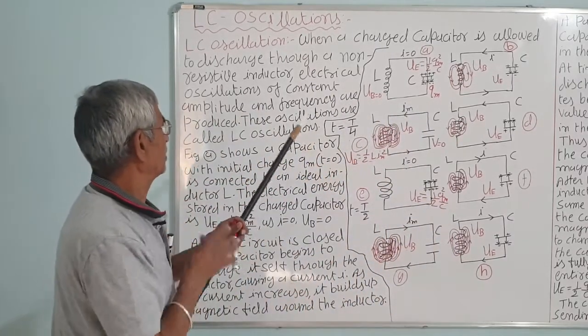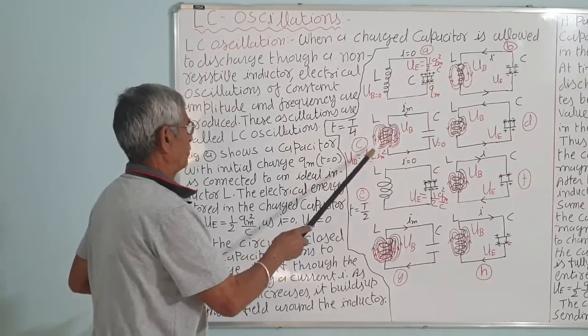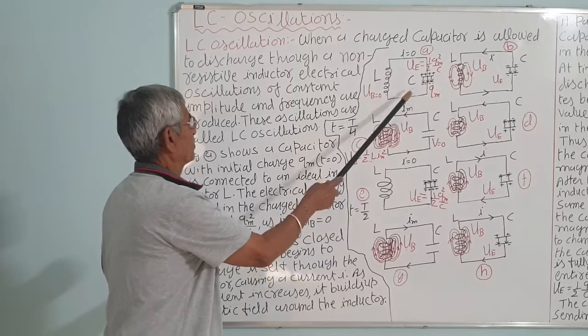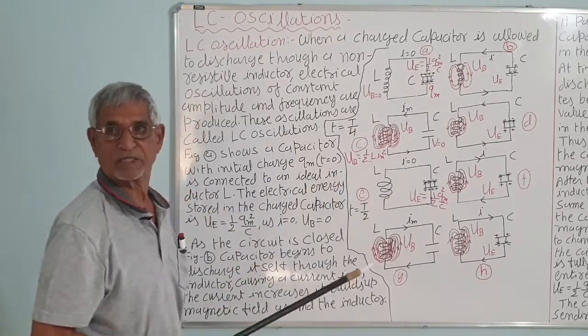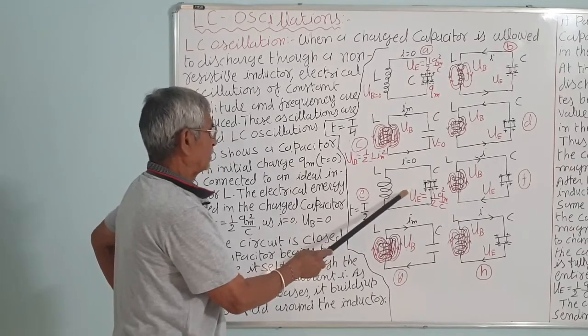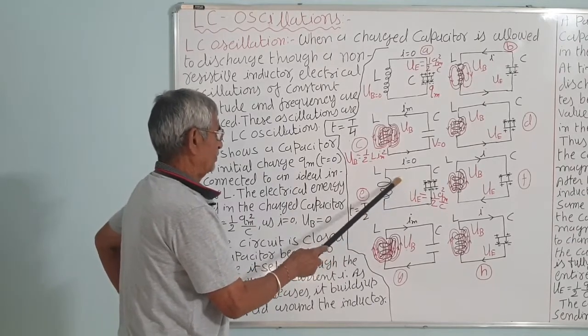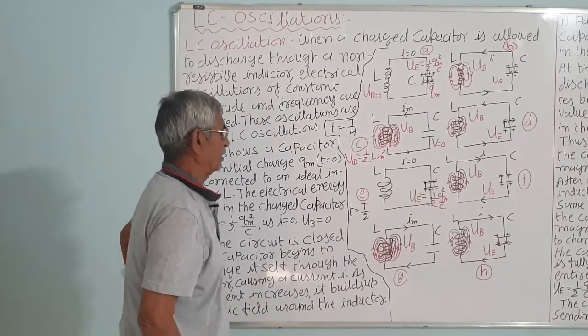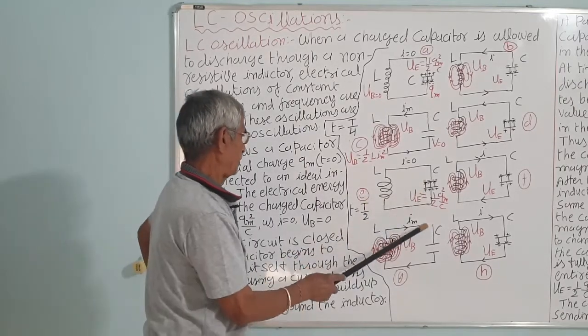Thus energy converts or flows to and fro from the capacitor to the inductor, causing the surging of charges. So this time the inductor's energy is 0 and the capacitor energy is half Qm square by C.